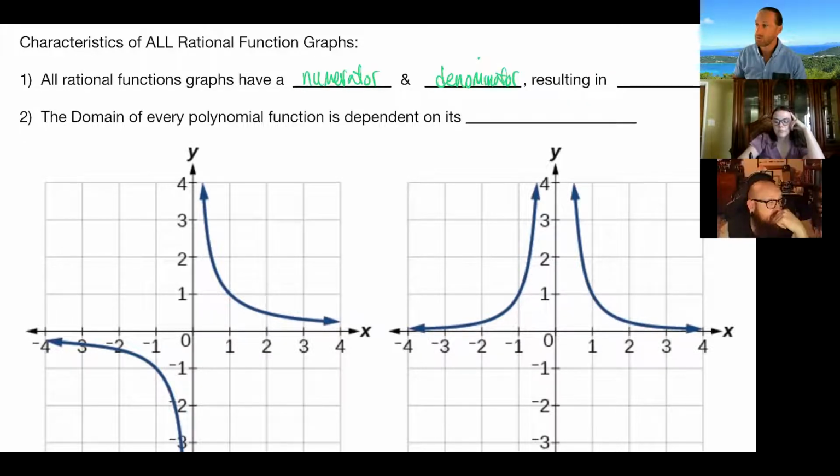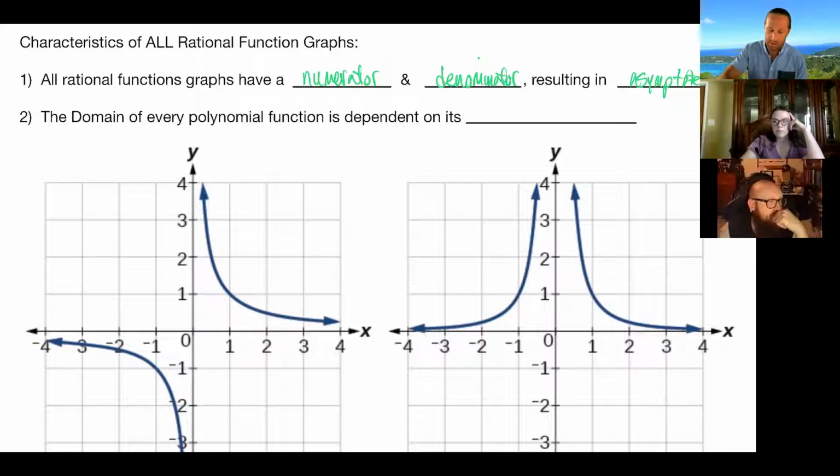So what does that result in? We will have asymptotes involved. And I'm just going to leave it generic like that.